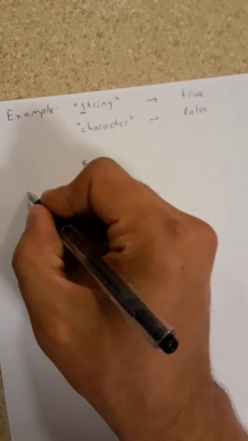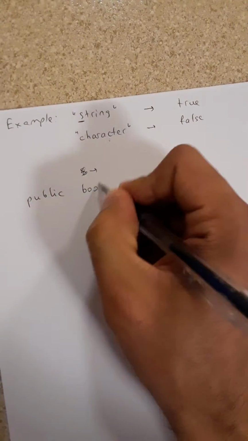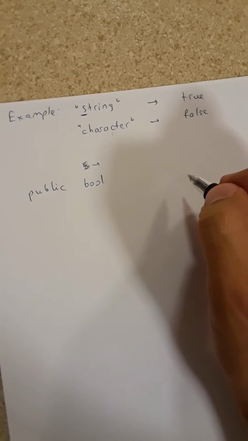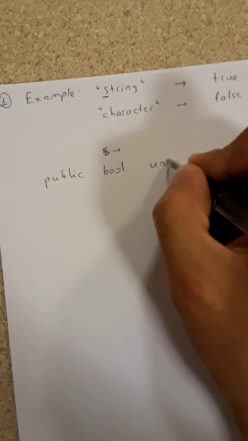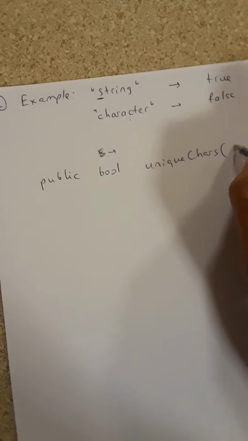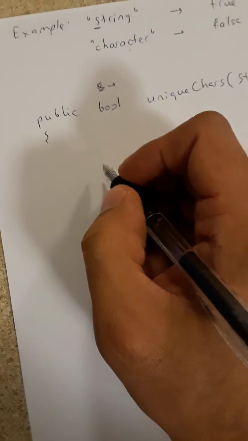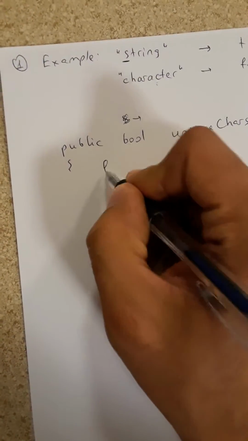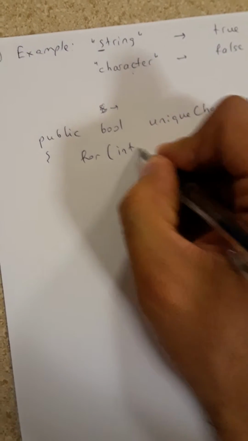So our function will look like this. We will return a boolean. We will call it unique chars. Input will be a string. Since we cannot use an additional data structure, we will use just two for loops.